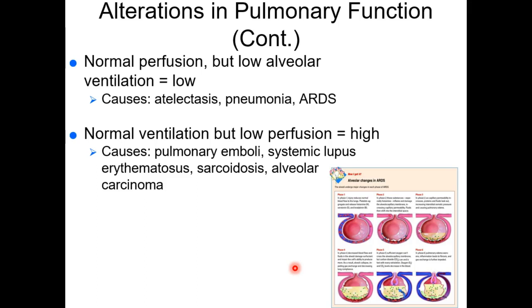Pneumonia, ARDS, normal ventilation, low perfusion could be caused by pulmonary emboli, SLE, which we just see all over the place. Sarcoidosis, does anybody know what sarcoidosis is? It's in every episode of House MD. Yeah.